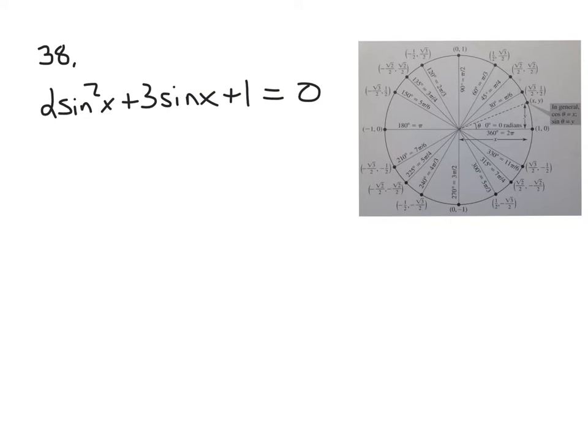Okay, so maybe a little intimidating at first glance, but really this is just a factoring problem. And if you can factor this, then factoring this, these two are the exact same thing, just instead of x, we have a sine. So I'm going to set it up like this.